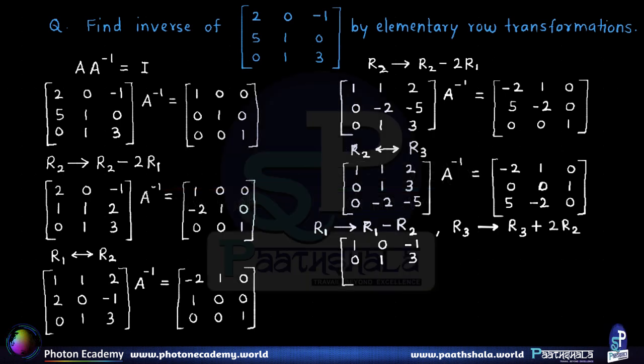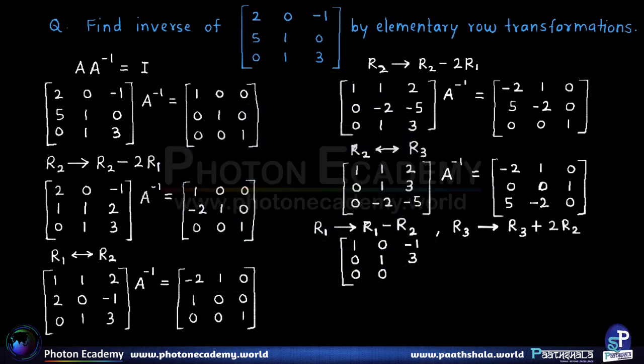Okay, in the last row if we see, the 0 will remain unchanged, then minus 2 plus 2 gives us 0 as required, and minus 5 plus 2 times 3, that is minus 5 plus 6, is nothing but 1, so therefore we get 1 there. And coincidentally, if we think of the third column, we already have 1 automatically adjusted at its correct place, so that's a good thing.